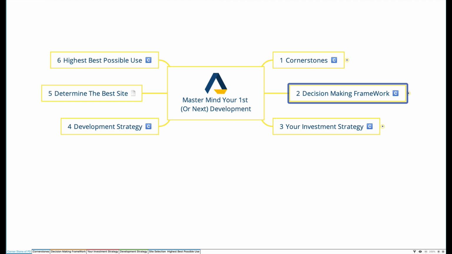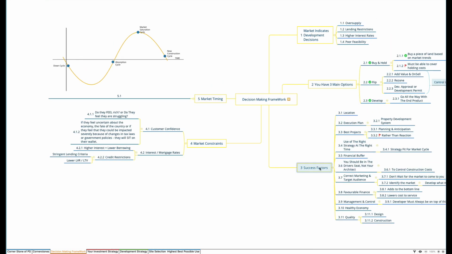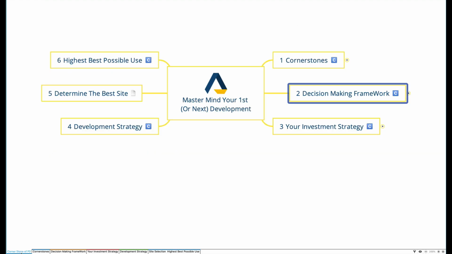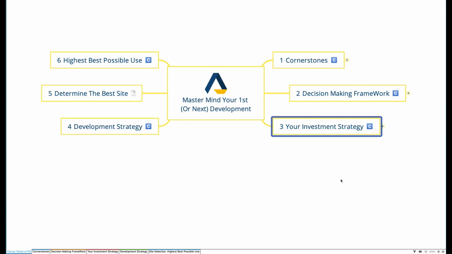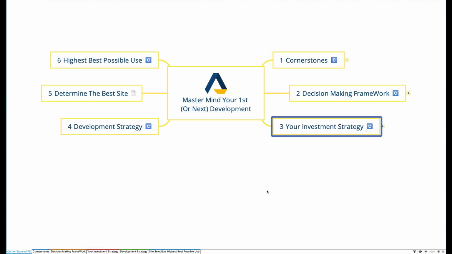Then you've got your decision making framework, which is basically all these things that will impact your decision when you're thinking of doing a development. And your investment strategy, which was basically figuring out what you want, how much money you have, can you do this, have you got the skills, and after you've done that, what it is going to look like in terms of cash flows, and so on.